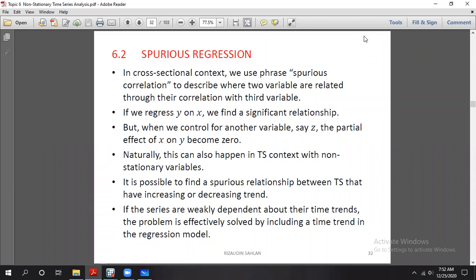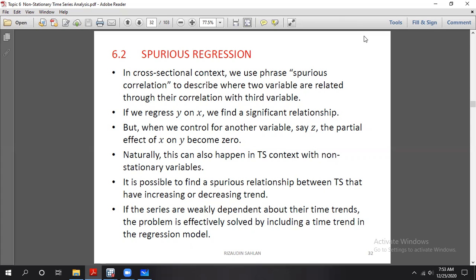So now, if we are using time series data, or a model with time series, why must the variables be stationary? We must make sure that the time series in our model is stationary because we want to avoid what we call spurious regression.